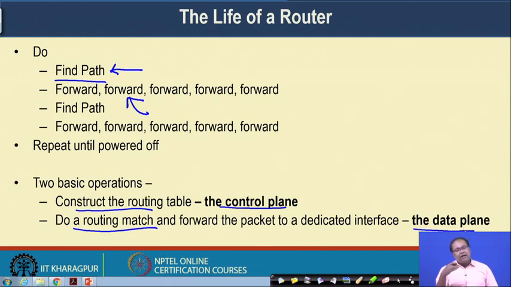So, that is why the frequency of operations in the data plane is significantly higher compared to the frequency of operations in the control plane, and that gives the interesting design choice of developing router hardware. So, let us go to the details of that.